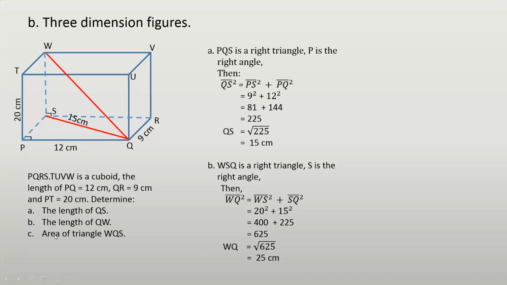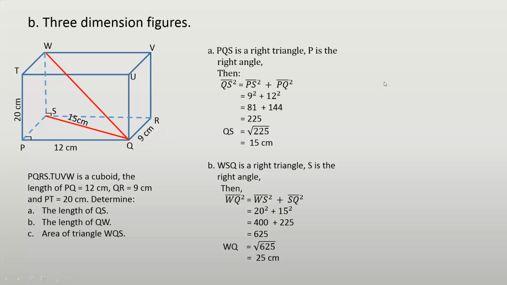Now the last part, the area of triangle WQS. WQS is the right triangle. So the area of this triangle is a half times the base times the height. The base is SQ and the height is WS.